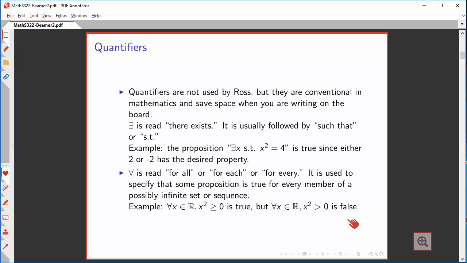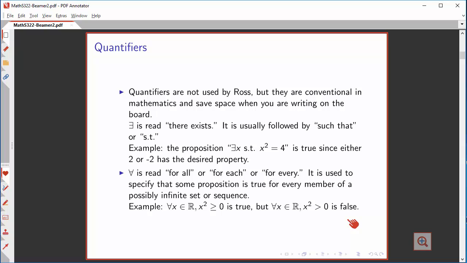So here's an example. For all x in the real numbers, x squared is greater than or equal to 0. That's a true statement because whether you consider an arbitrary positive number, an arbitrary negative number, or 0, the square is either 0 or positive.